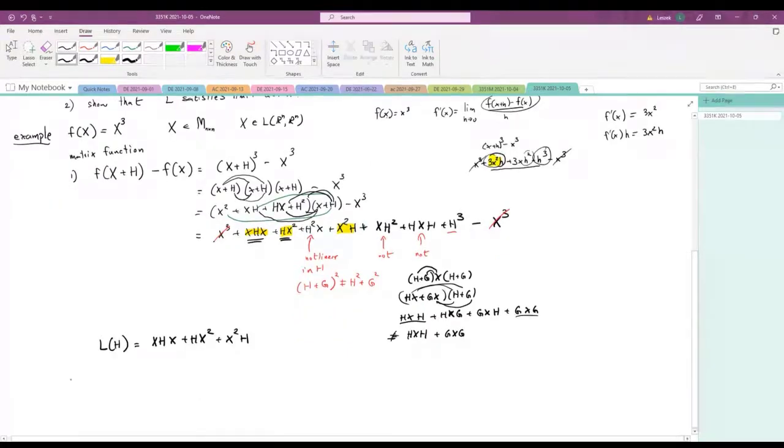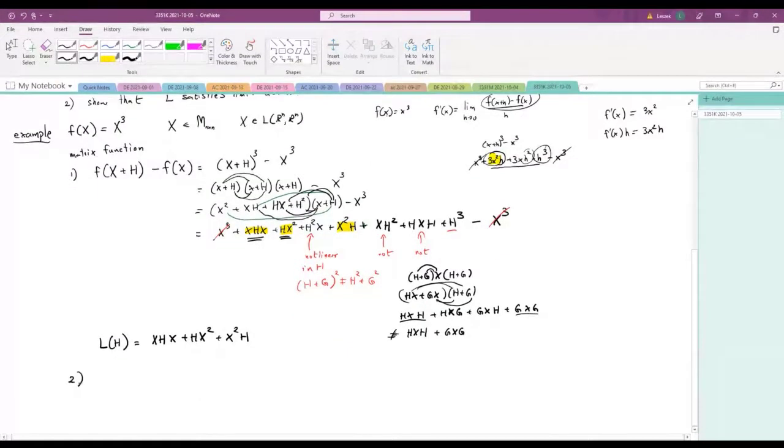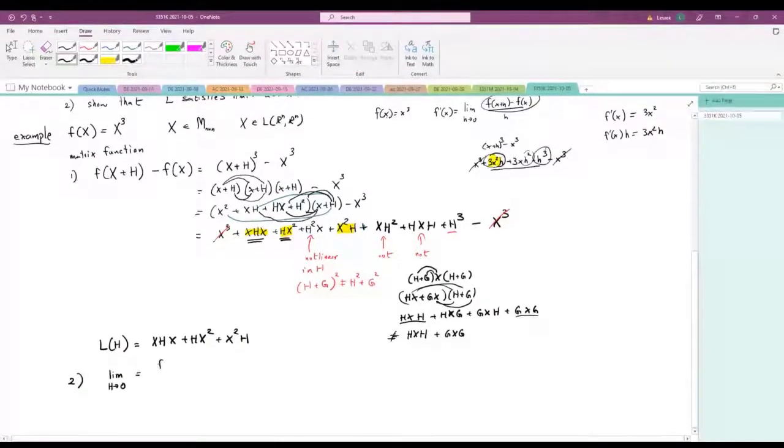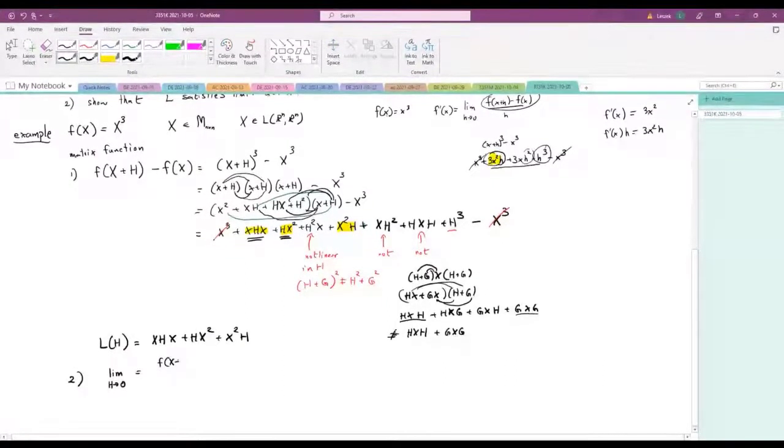Okay, so number 2, once we have this candidate for our derivative, maybe we can use the limit definition. And here, h is a square matrix, so we're just going to use a matrix norm of some sort. So h goes to the 0 matrix. We have the function of x plus h minus the function of x.